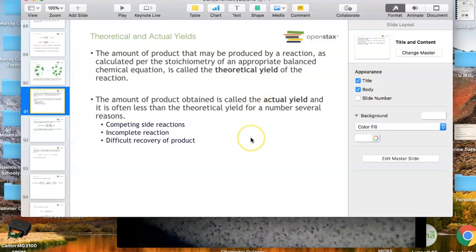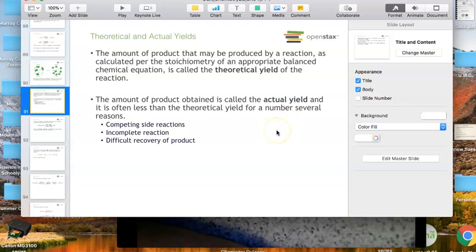Now, the amount of product obtained is called the actual yield, and it's often less than the theoretical yield for a number of reasons. So actual yield is what you get out of the experiment. It can also involve calculations. A lot of times you're going to do difference calculations, for example, when trying to determine mass, where you have the mass of the beaker and all of that stuff.